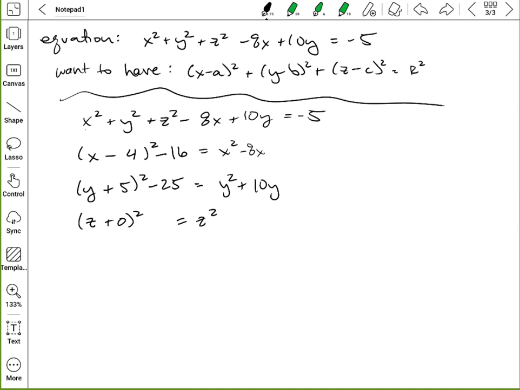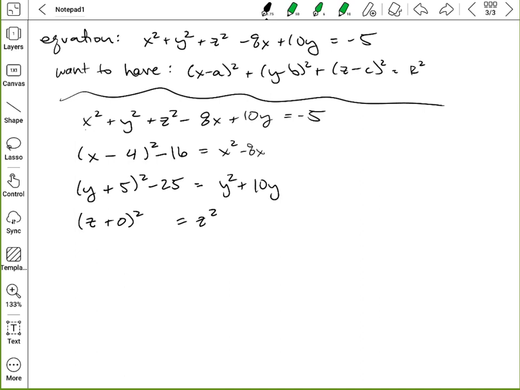That part's already done. And what I'm going to do is replace in my equation what I found here with what it corresponds to here.